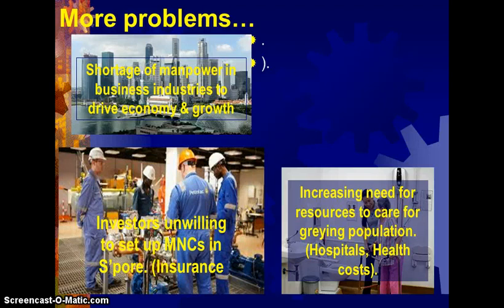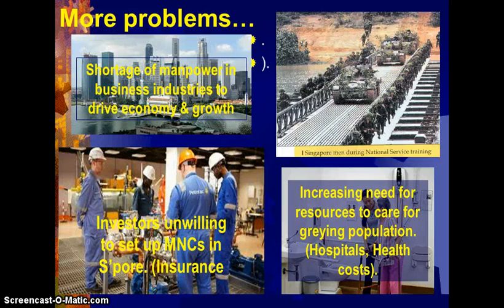MNC stands for multinational company, in Singapore, and insurance for example, because they do not have enough manpower to run those big, huge companies. And lastly, more importantly, you'll find that with fewer babies being born, there will be fewer people to defend our country by the 1980s.